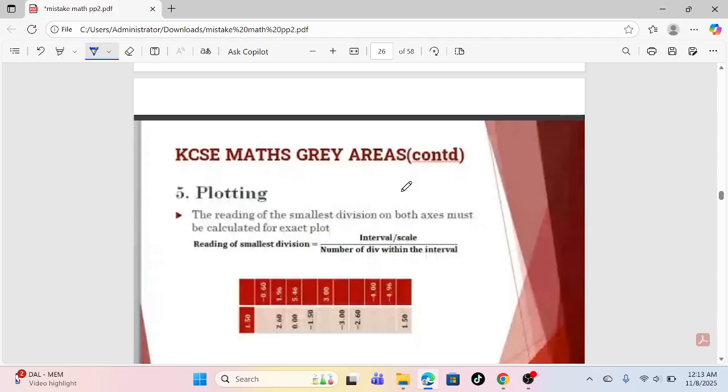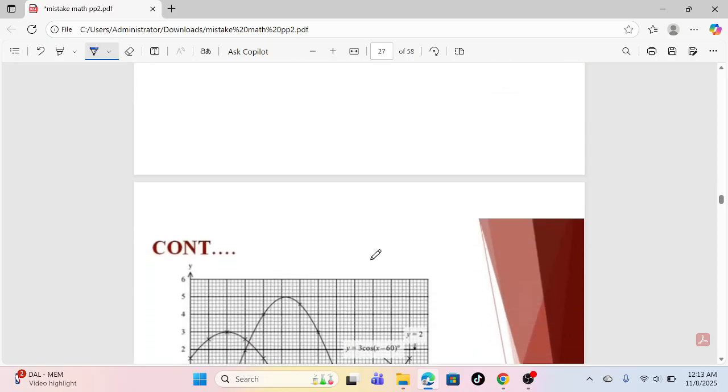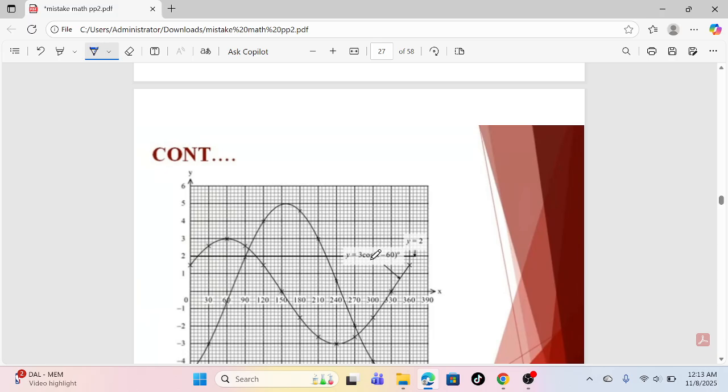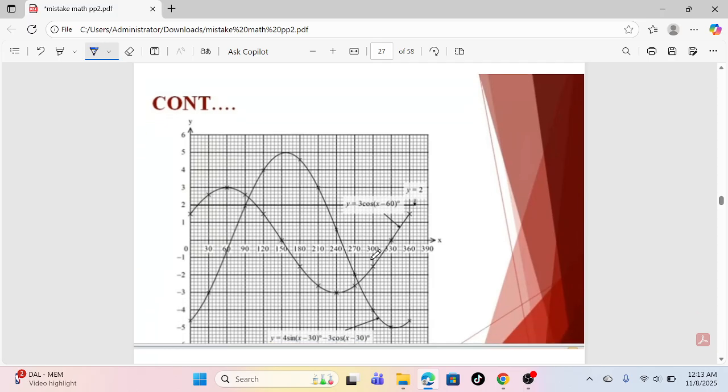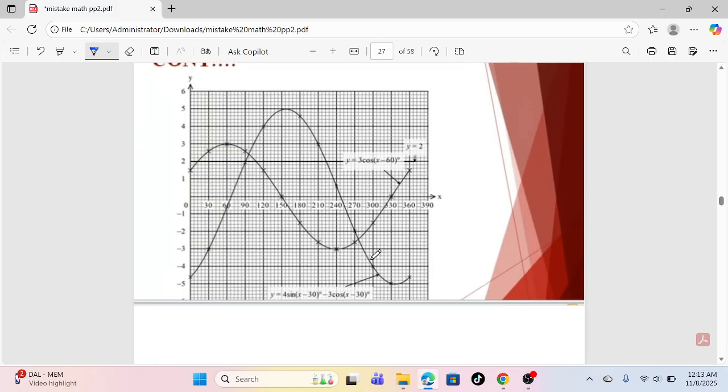Plotting. The reading of the smallest division on both axes must be calculated for exact plot. So the reading of the smallest division must be calculated. So this is for graphs. So for example, trigonometric graph, hapa ni clarifies so many things.